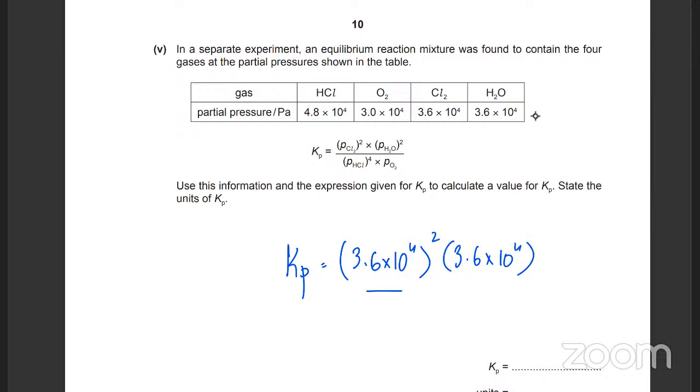And the whole thing gets divided by PHCl, which is 4.8 times 10 power 4, and that's power 4, and PO2, which is 3 into 10 power 4. Try this, what answer do you get?